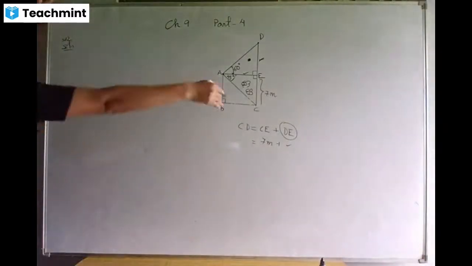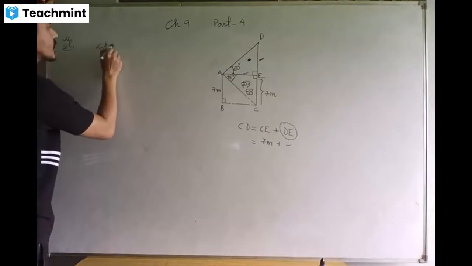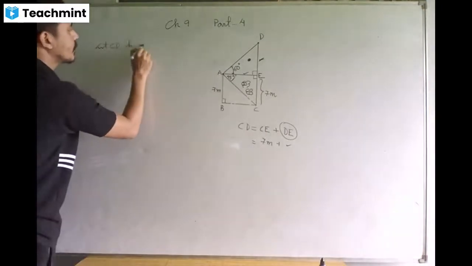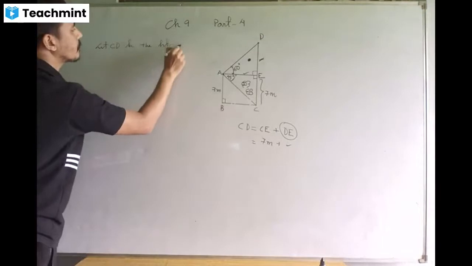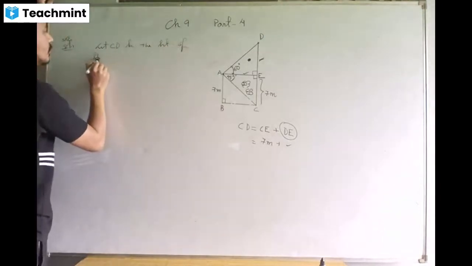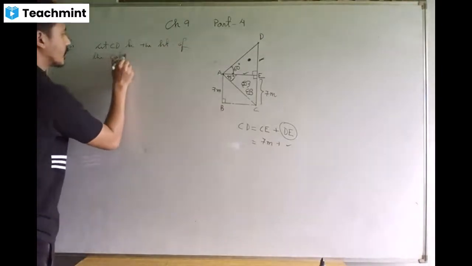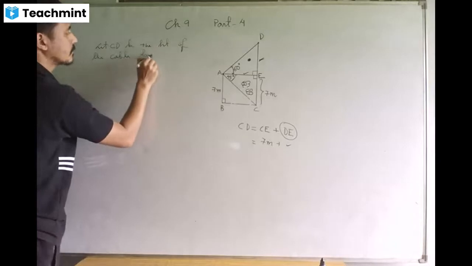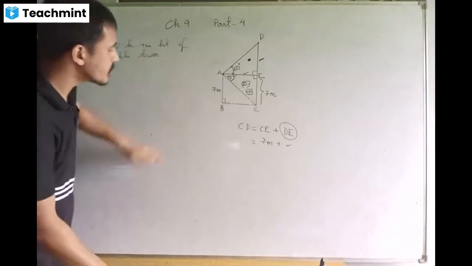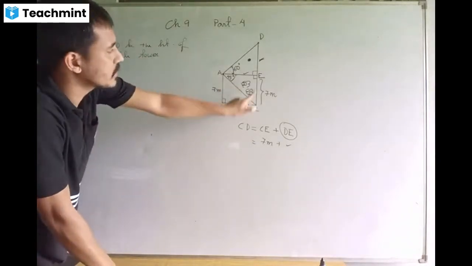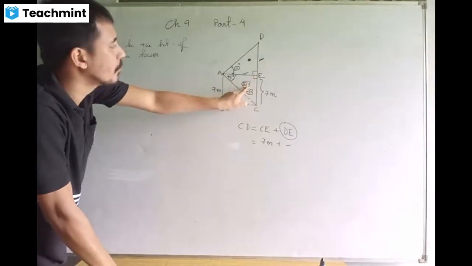Okay, our aim is to find CD. So let CD be the height of the cable tower. Now I'm going to use this right triangle ACE first in order to obtain AE.